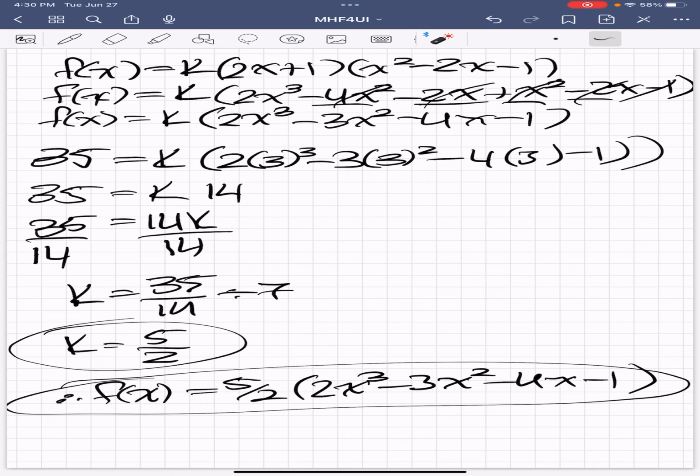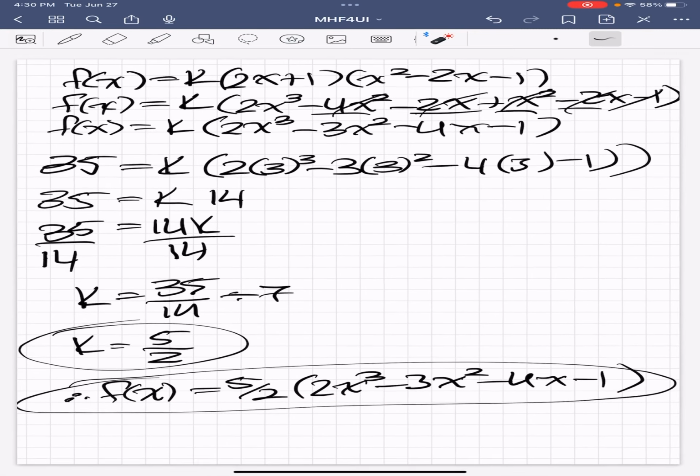As you can see, we expanded it out. We used the point, plugged it in, and we found k, which is 5 over 2. And there's our equation for the cubic function.